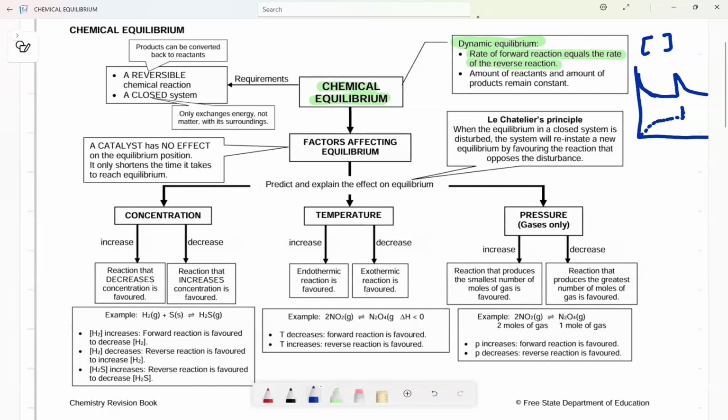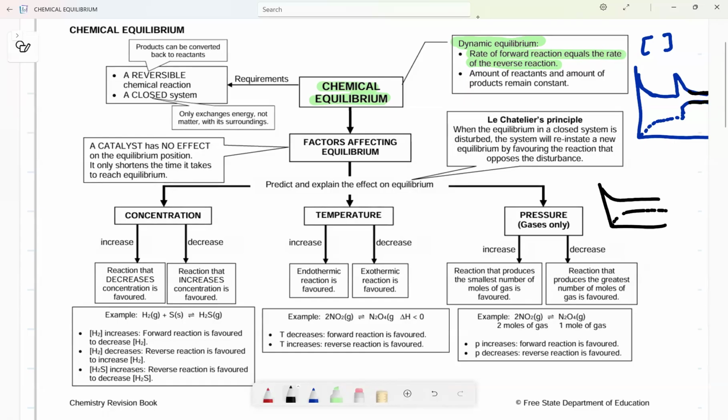So equilibrium is the state in which your graph will be straight, like this.